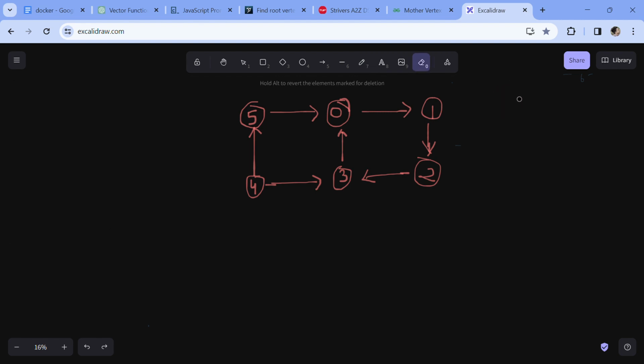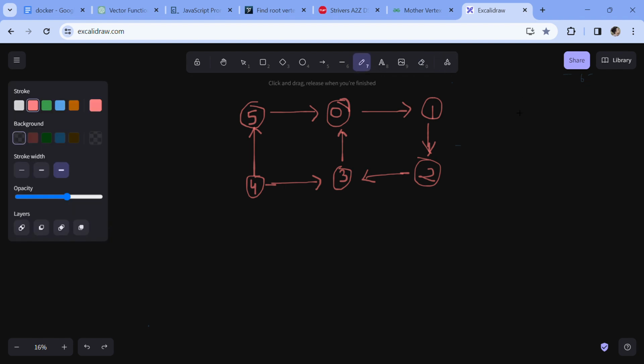The first simple approach that comes to mind is to do a DFS traversal. We will take a visited array which will keep track of our unvisited nodes. Initially we will set all the vertices as unreachable, that means we set all the visited entries to false.